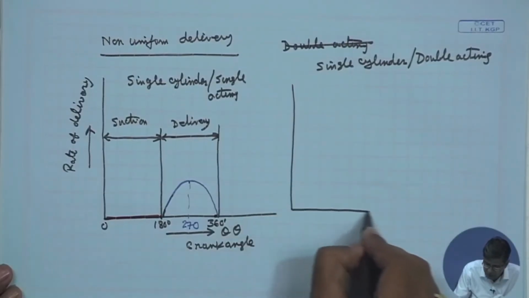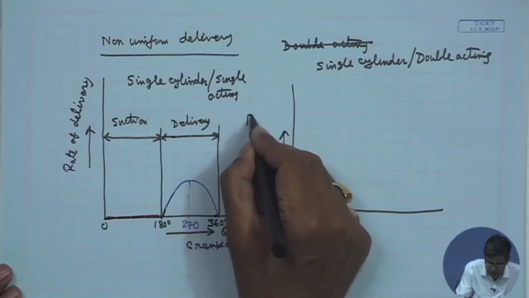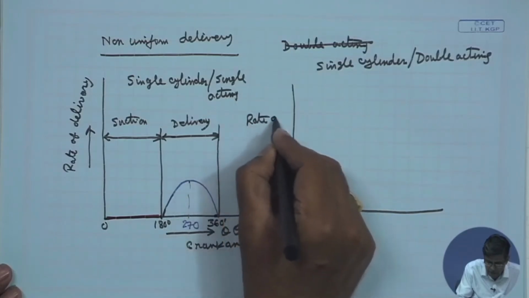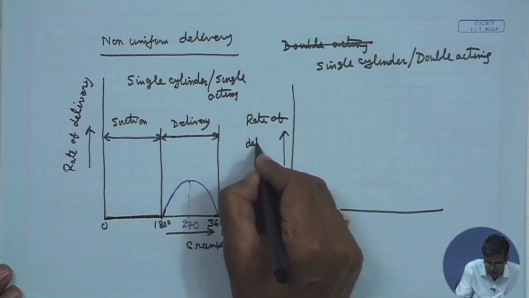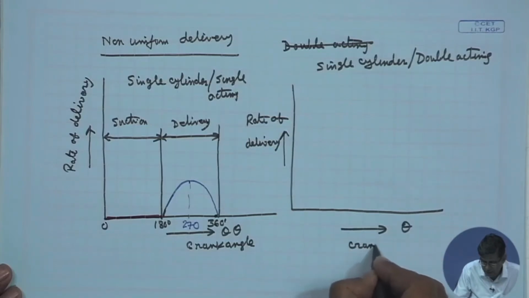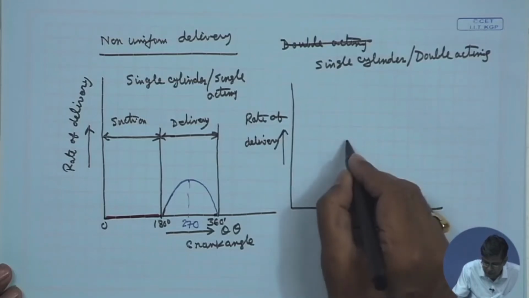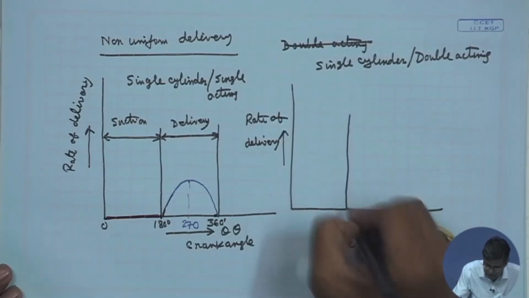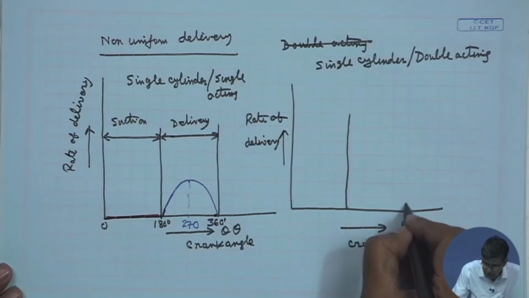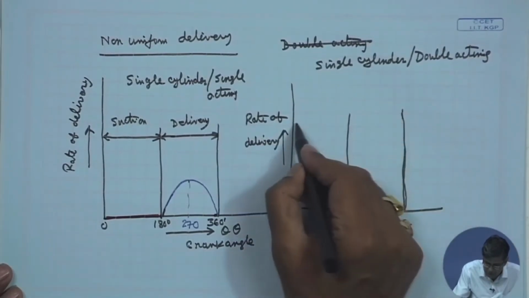So, here this is the rate of delivery versus the crank angle theta. Now, if we divide this into suction and delivery like this, this is the suction.